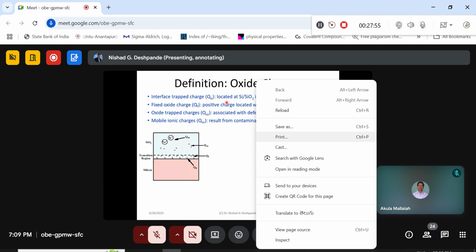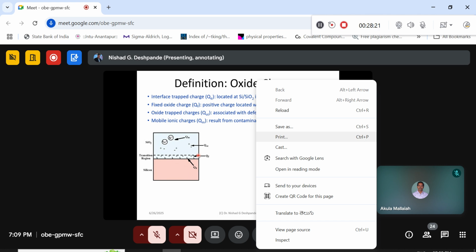Whatever trap charges are present can be easily determined, because along this whole region, say the silicon region, the capacitance will be different. Along the transition region the capacitance will be different, and along the whole oxide layer there will be a different capacitance available. So one can have a very good mapping of this analysis through capacitance voltage studies.